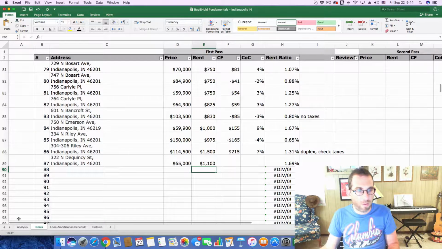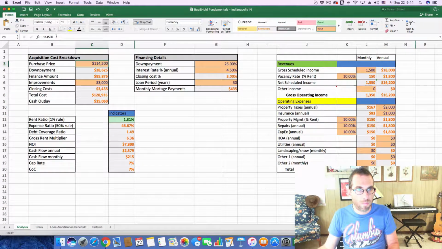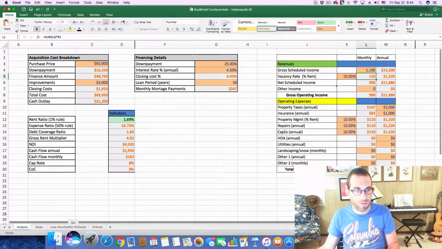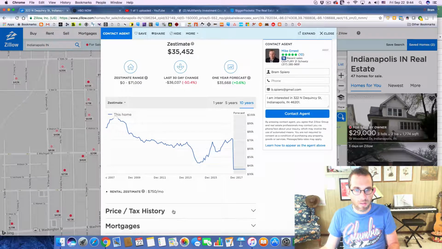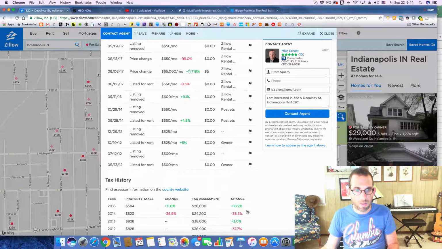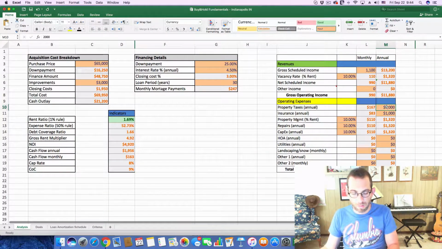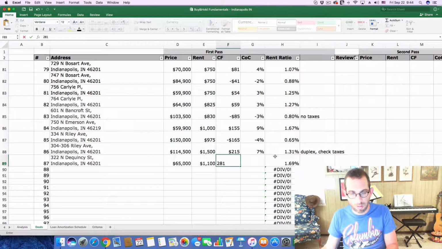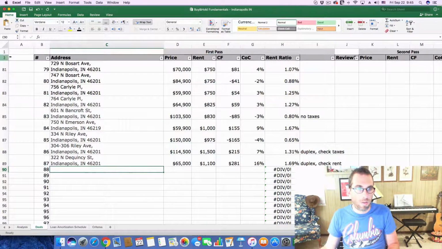Zillow is not going to pick up on that because their formula can't tell if it's a single family or a duplex or anything else. And taxes are what? 584. 281, 60%. 281, 16. There we go.